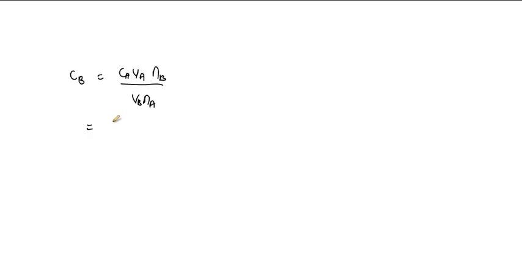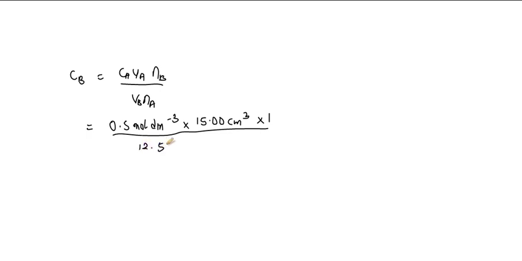So we have 0.5 mole per dm³ times VA 15.00 cm³ times NB, which is 1, divided by VB. Our VB is 12.50 cm³ multiplied by NA, which is 2.